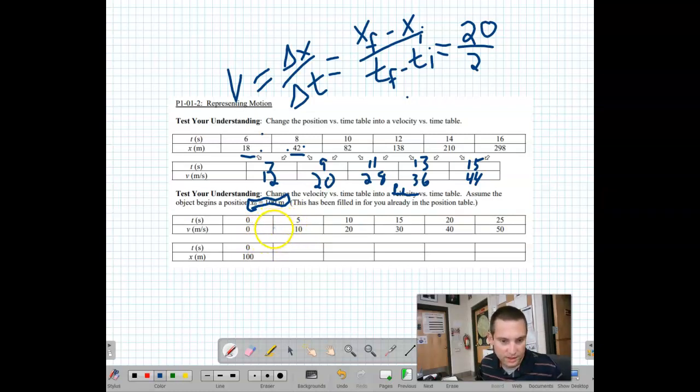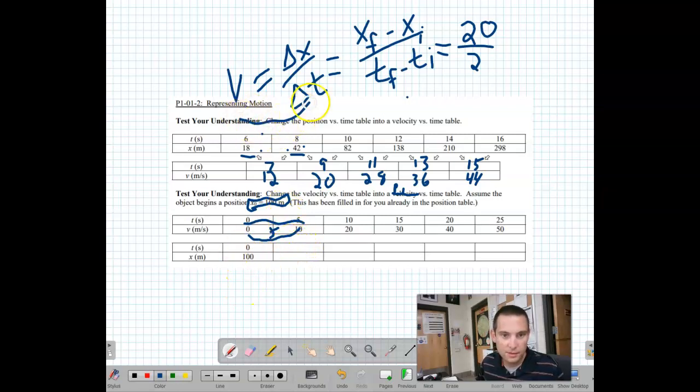So if we say the midway point between these two, we had to have been at 5 meters per second. Right? And it took 5 seconds. So our average velocity for these first 10 seconds was 5 meters per second for 5 seconds.